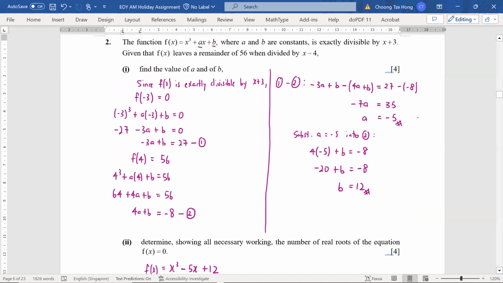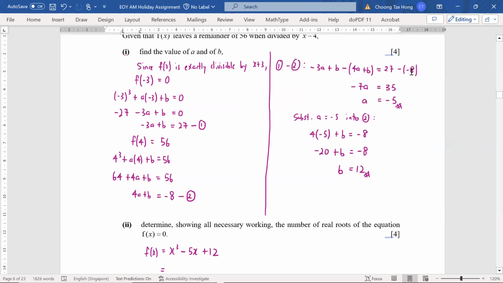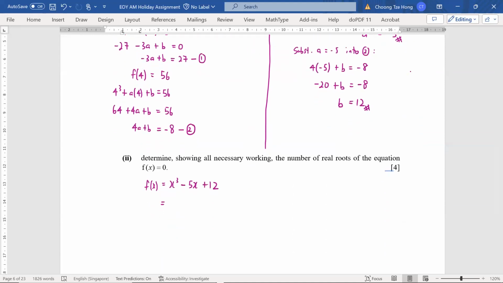And we already know that because f(x) is exactly divisible by x plus 3. So x plus 3 is a factor of f(x), so we will put x plus 3 here. Okay, so since this is a cubic equation, down here is degree 1, right?